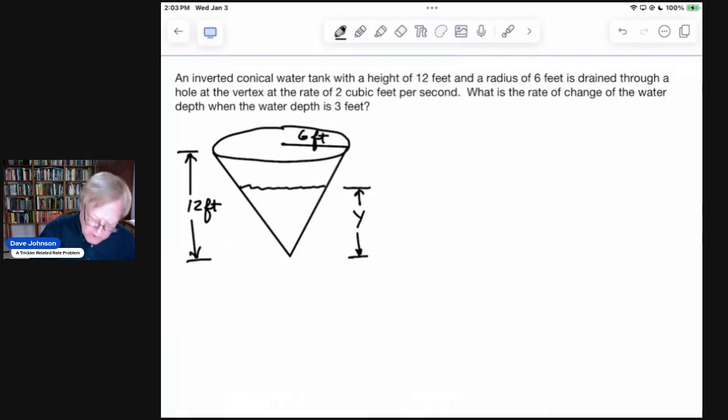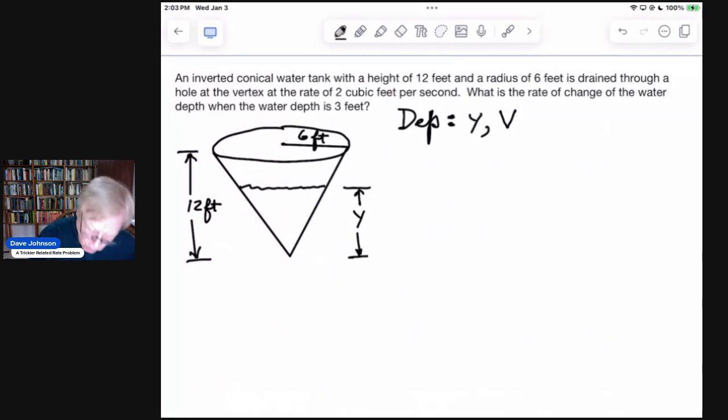Remember, the dependent variables should be identified first. In this case, y is one of them. And then the other one is going to be the volume of the water in the tank. And the independent variable, of course, is t.